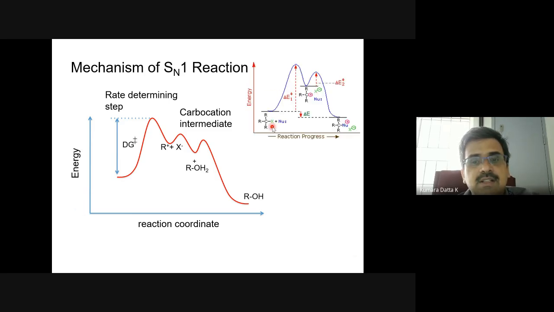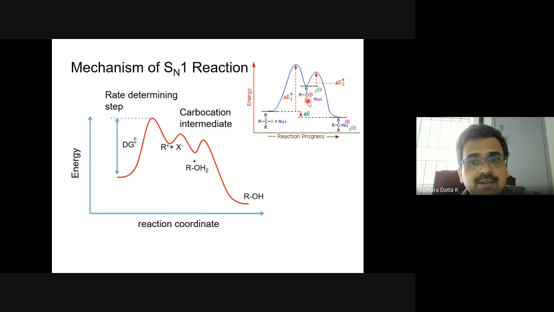So you can see the nucleophile, and this is the leaving group, like bromide, iodide, or the like. It needs to pass this activation barrier to form the carbocation, and this is the slow step.